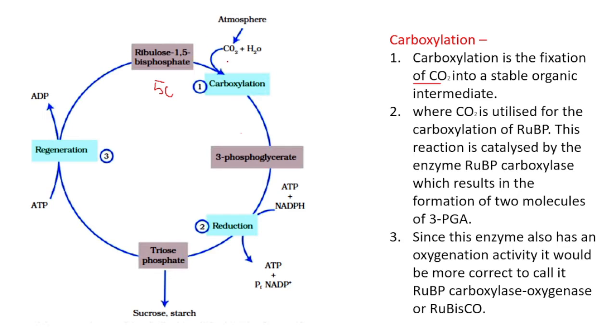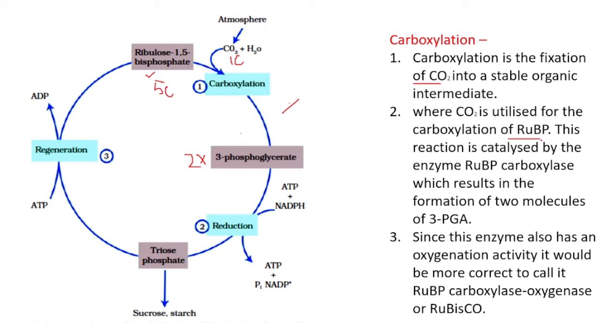This 5 carbon compound reacts with the 1 carbon compound carbon dioxide and then splits into 2 molecules of 3-phosphoglycerate. Okay, so this is an organic intermediate where carbon dioxide is utilized for the carboxylation of RuBP.